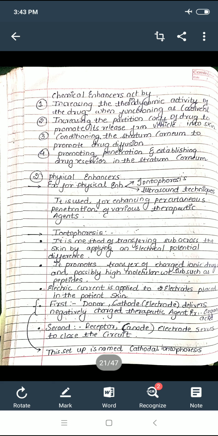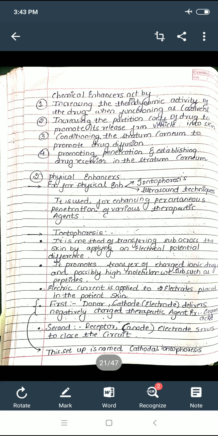Here the electric current is applied to two electrodes placed on the patient's skin. First one is a donor, that's a cathode electrode, which delivers a negatively charged therapeutic agent, for example organic acid. This setup is named cathodal iontophoresis.